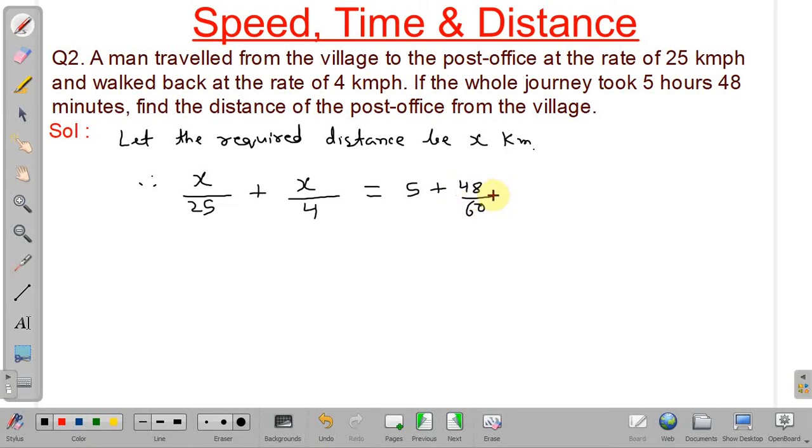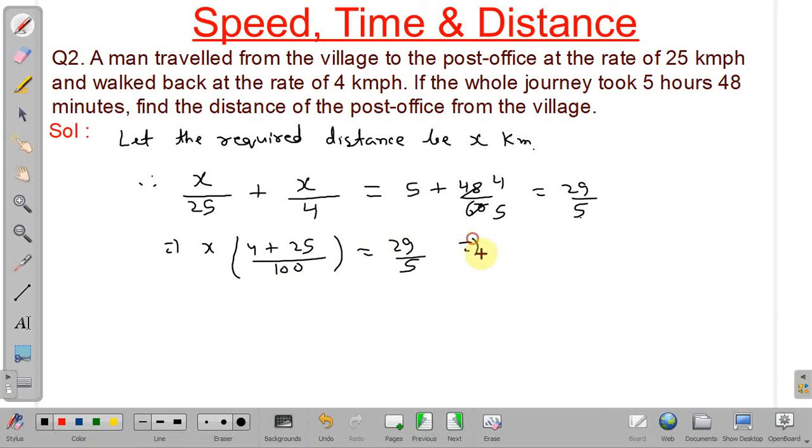So we get 29 by 5. Now taking LCM, we will get (4 plus 25)x by 100, and this will be 29 by 5. So we can calculate x as 29 by 5 into 100 divided by 29. So this will be 20.